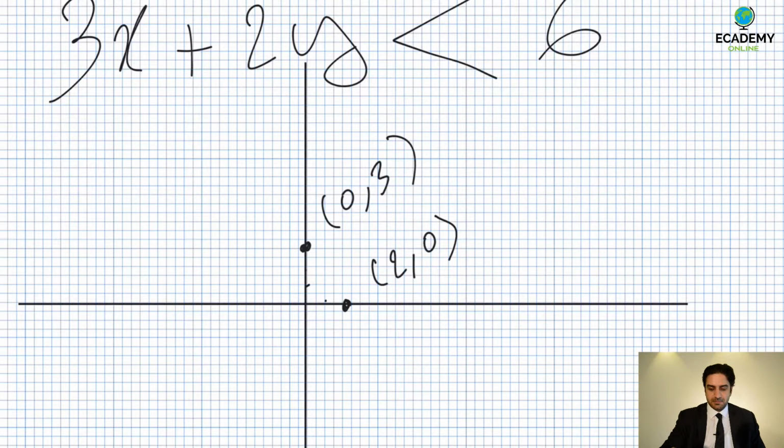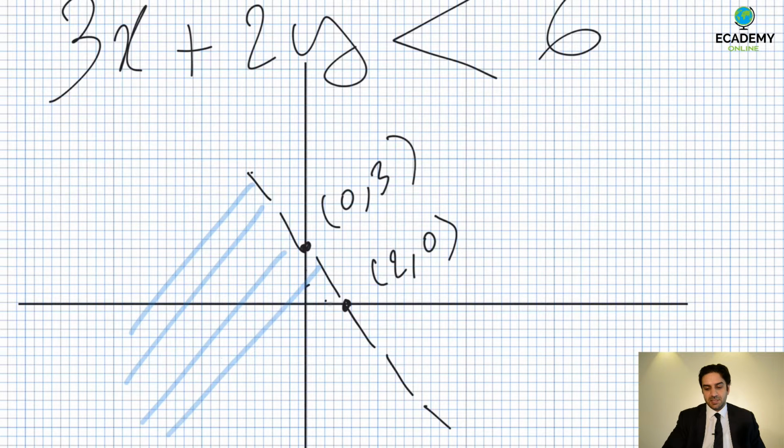That means that the line is not part of the relation. The only solution in blue will be the shaded part. It is the same inequality, only in this case it is just shaded.